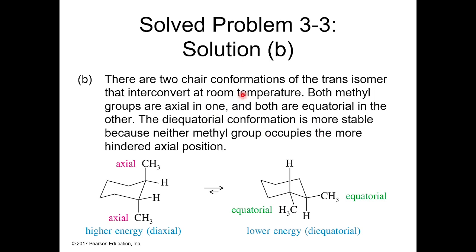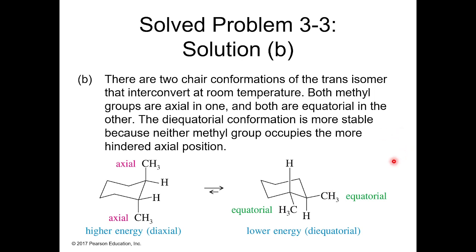Now we're doing the trans isomer. For the trans isomer, they have to be on opposite sides, don't they? So you make your 6-membered ring in the chair conformation, you put them on opposite sides, and what you'll end up seeing is you'll get axial-axial, won't you? And then you flip both of the flaps, and they both end up having to go equatorial, don't they?